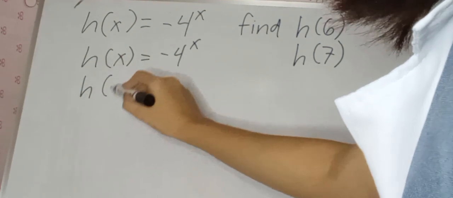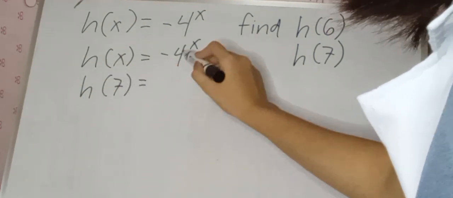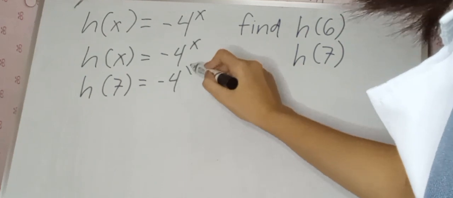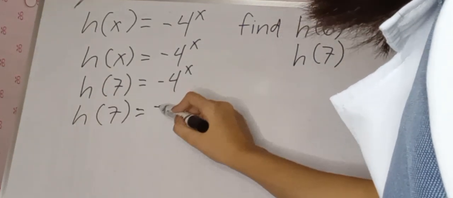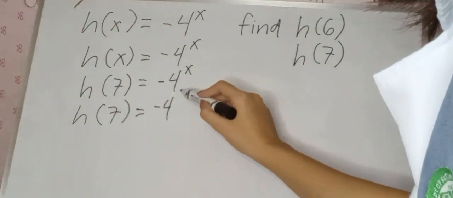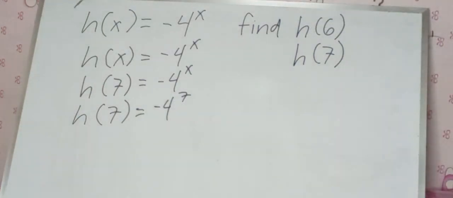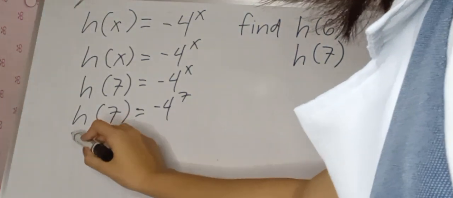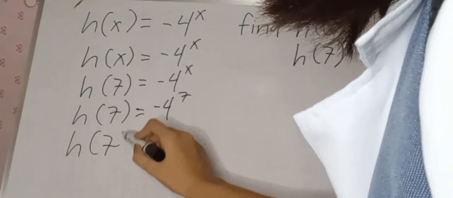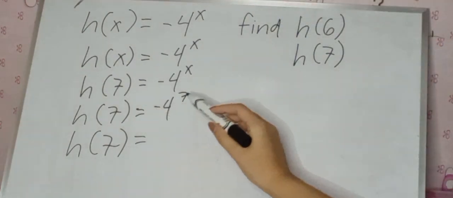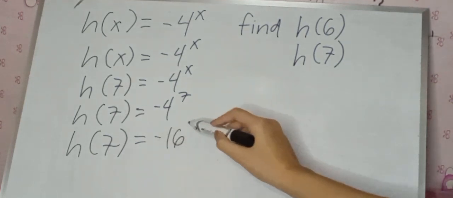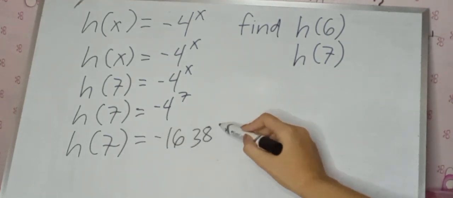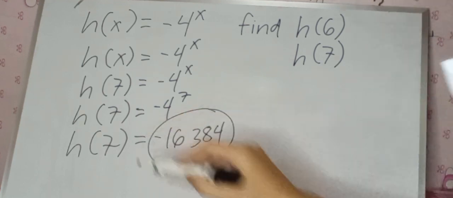So, magiging h(7) is equals to copy negative 4^x. Next, h(7) is equals to negative 4^7. And last step is to compute it. h(7) is equals to negative 4 raised to 7 is equals to negative 16,384. Final answer.